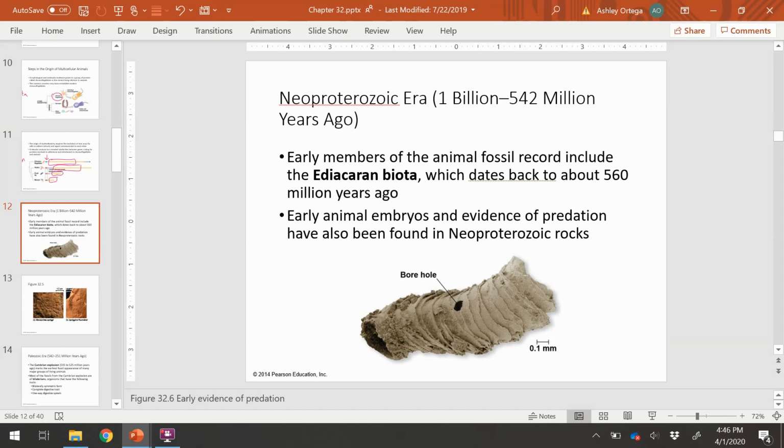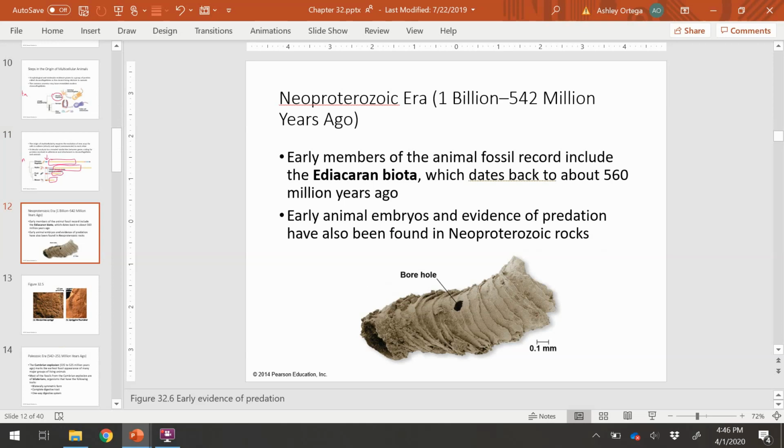The Neoproterozoic era, from 1 billion to 542 million years ago, had some animal fossils and evidence of predators in that environment.